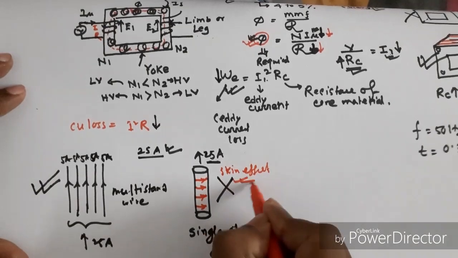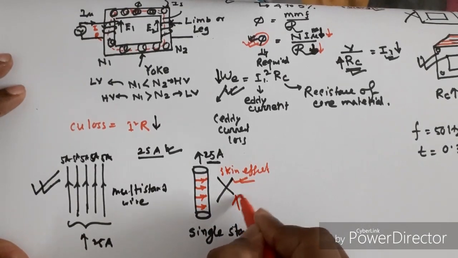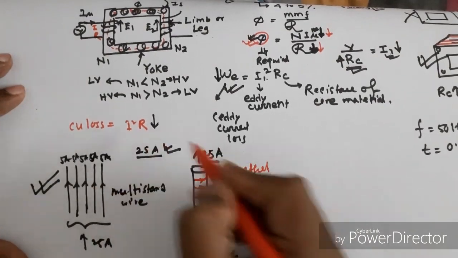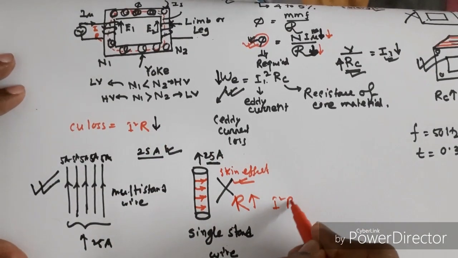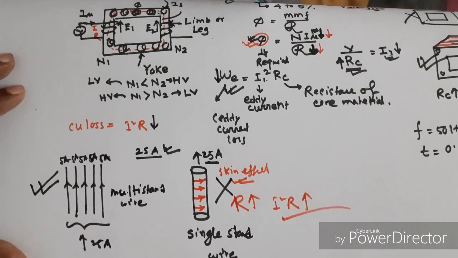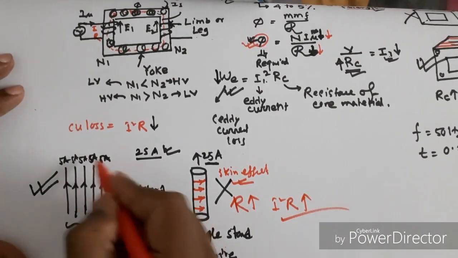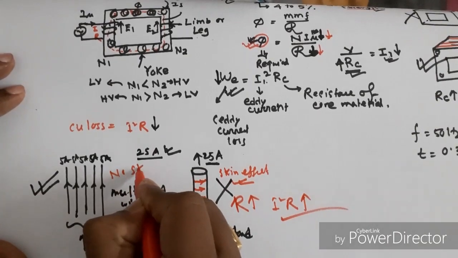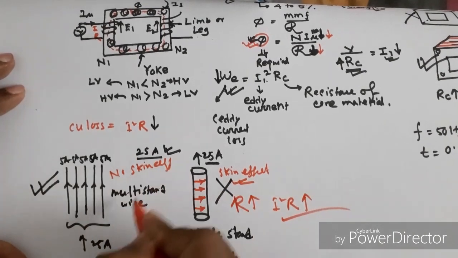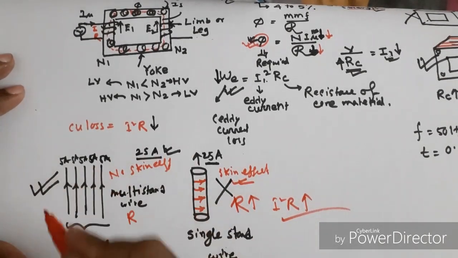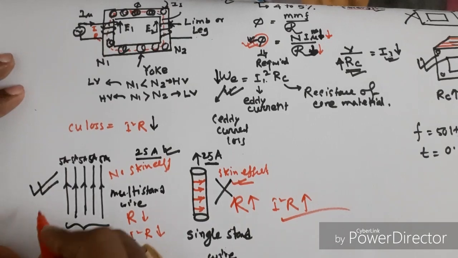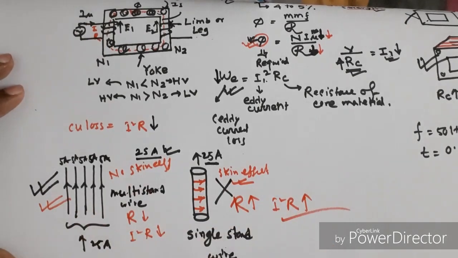Due to skin effect, the resistance R increases. Therefore, I squared R loss also increases. But if we use multi-strand wire, there is no skin effect, and the resistance of the winding is less, and so is the I squared R loss. Therefore, I use multi-strand wire.